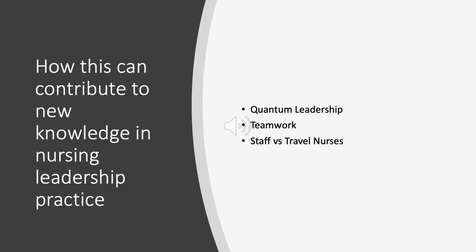Talking about how this can contribute to new knowledge in nurse leadership practice, I want to talk about quantum leadership and the practices with that. So rather than nurses functioning as one unit of a whole, they need to work more as a team. We sometimes see this in codes or rapid response calls in the ER, but we don't see it nearly as much when it's in separate nursing assignments.